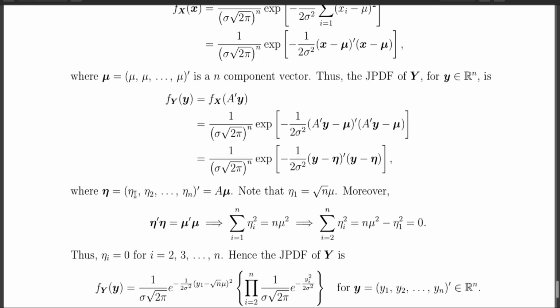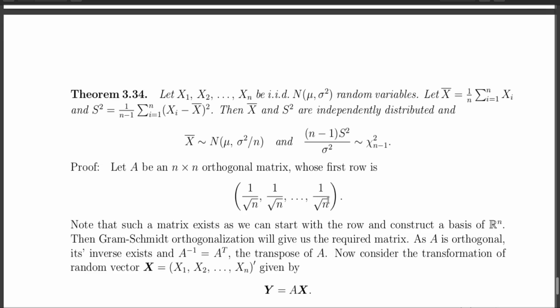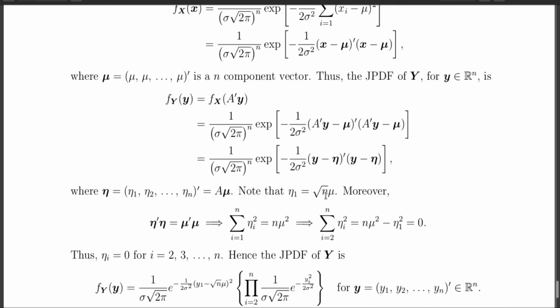So neta 1 is nothing but this row vector multiplied by the mu vector, and that is going to give me root n times mu. Clear? So neta 1 is nothing but the first row of A multiplied by the mu vector, which is root n times mu.